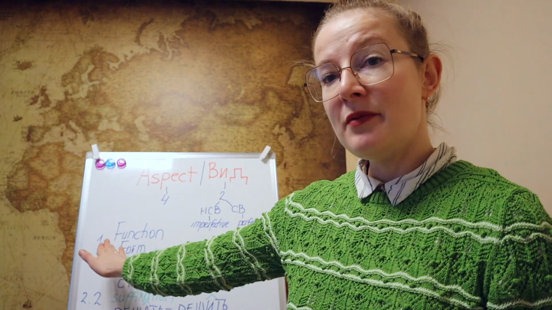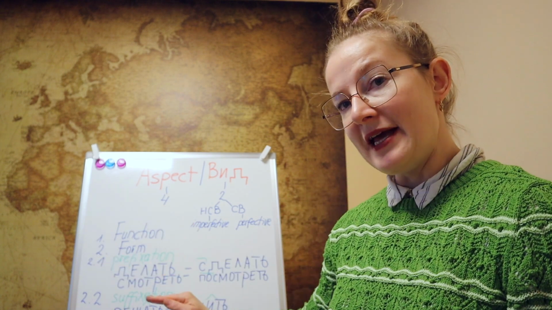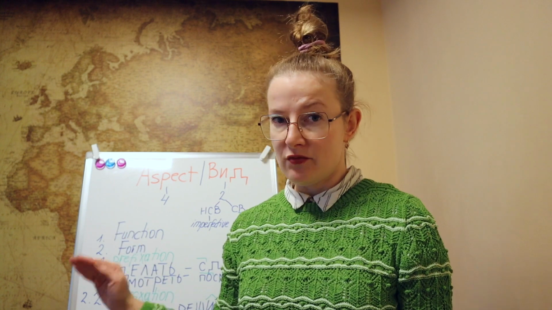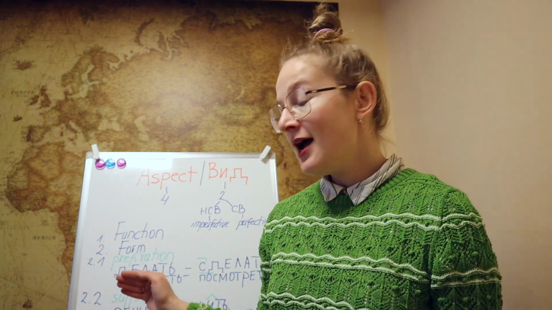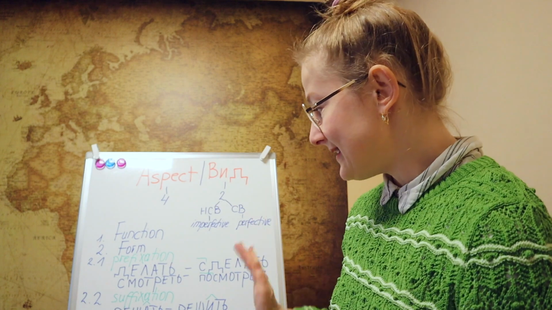We are going to start off with the question, what is the aspect for, so the function. Then we're going to be focusing on the form and the three ways how we can form the aspect as a grammatical category in Russian and what it looks like in English. I think I've already given some information away by saying that we've got three methods in Russian, but let's get started straight away.